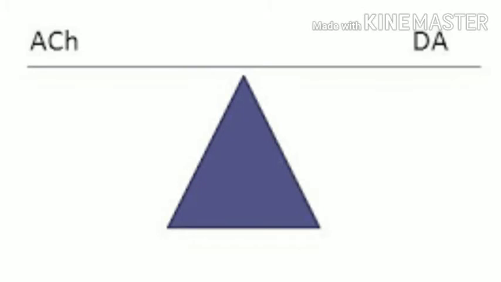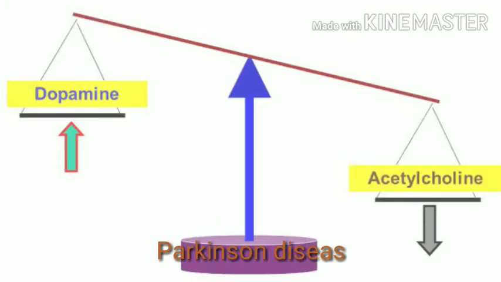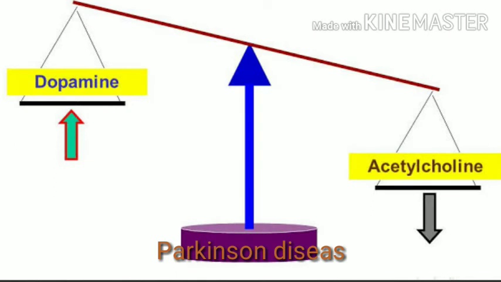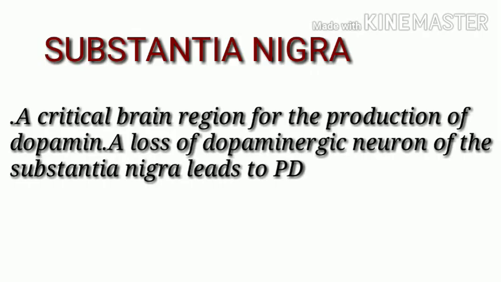With the decrease of dopamine, there is more acetylcholine, which leads to an increase in cholinergic activity. Acetylcholine is an excitatory neurotransmitter, so there will be an overstimulation of the neurons that causes signs and symptoms like tremors, rigidity, etc.